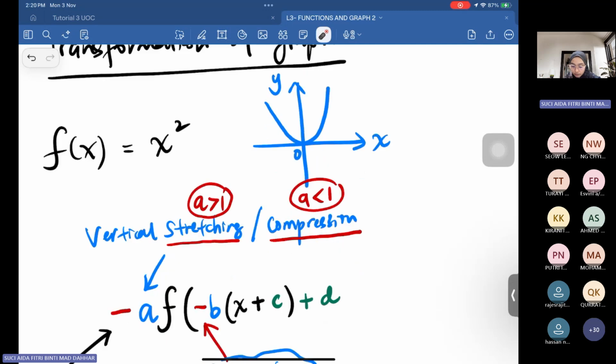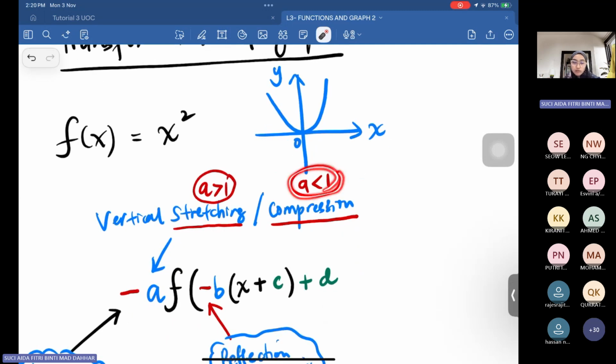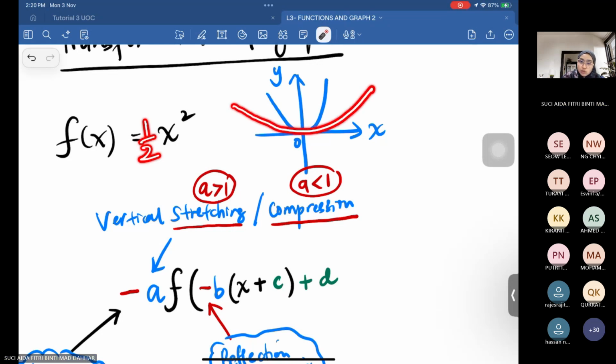However, if your scale factor in the front is less than 1, for example, if I multiply by half, it is positive but less than 1. So what would this do? You compress your graph vertically. When you compress, it becomes wider and shorter, right?